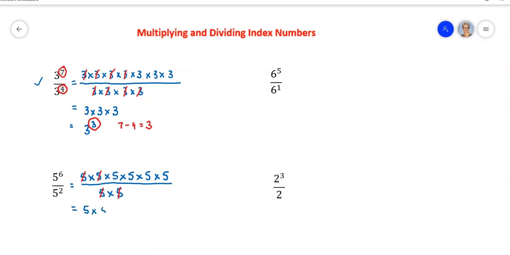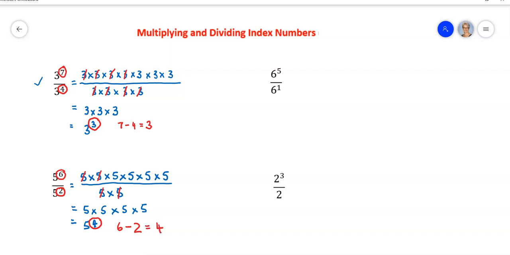5 times 5 times 5 times 5, 5 multiplied 4 times. So my answer is 5 to the power of 4. Once again, if we look at this index number here, 4, that is equal to 6 minus 2. 6 minus 2 gives me 4.